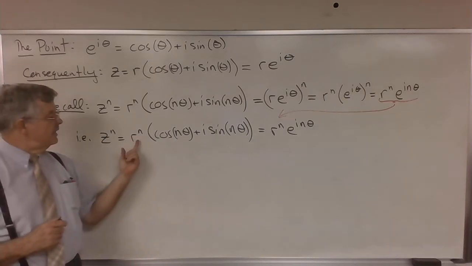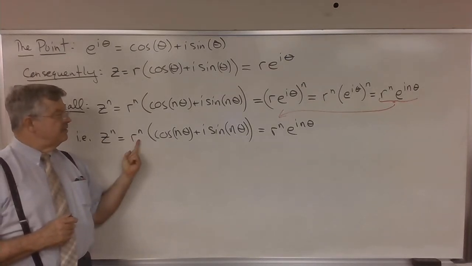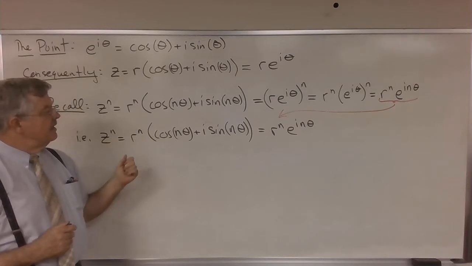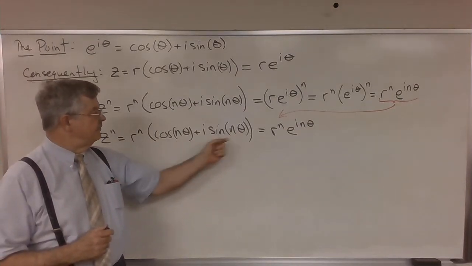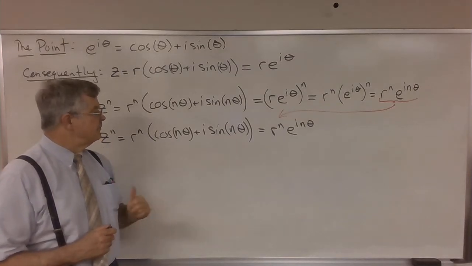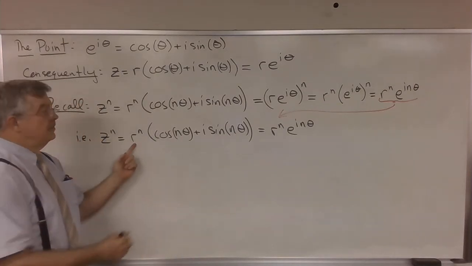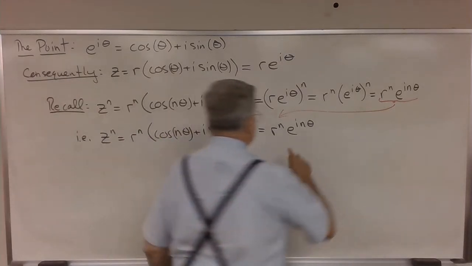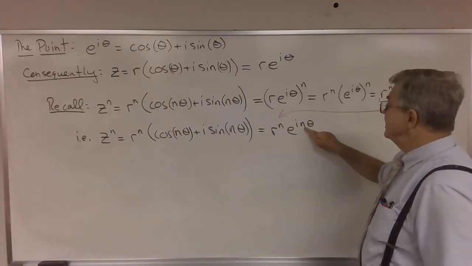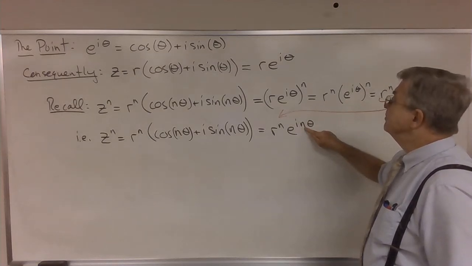Well, again, here we have a magnitude, r to the n, times cosine plus i sine of an angle. The angle is n theta. And what do we get? We get the magnitude times e to the power of i times that angle.